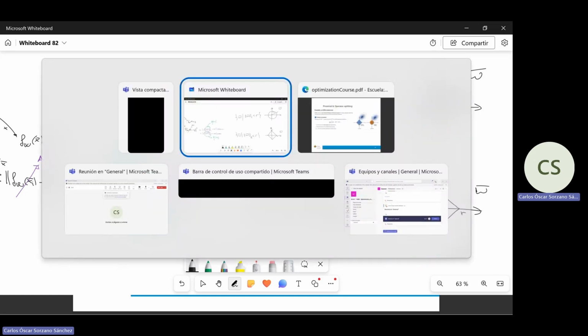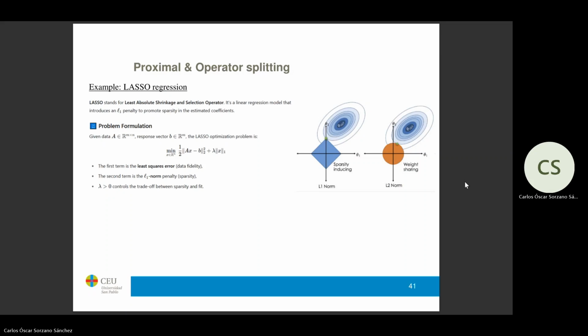The effect on regression is this. So let's say that you have some goal function like this one, and you are constrained, somehow you're trying to reduce the norm of your weights as much as you can. So that means constructing balls of these different radii that grow, and you must have a balance between the radius of the ball, that is what you have here, and the cost that you have in the goal function.